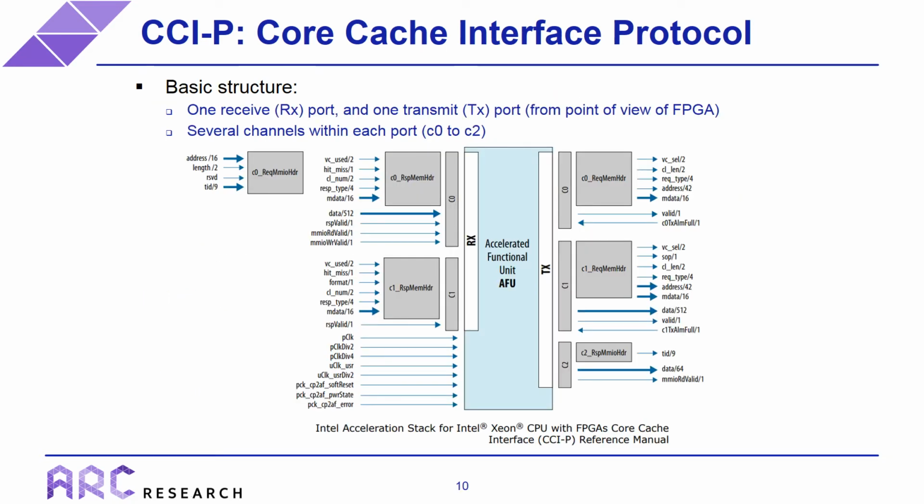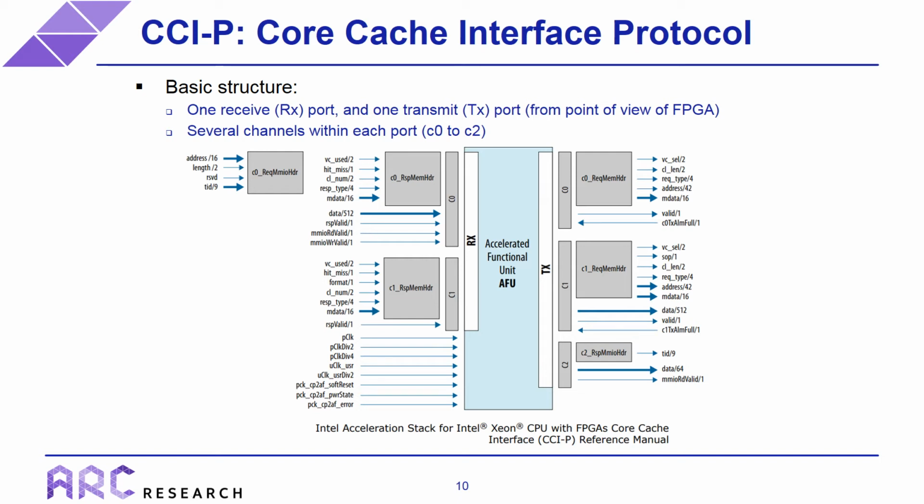This slide shows the basic structure of the core cache interface that is exposed to an AFU. It looks a little overwhelming, and there are a lot of signals you have to understand when fully utilizing CCI-P. But in this presentation, we're only looking at memory mapped I/O, which uses a small subset of this.